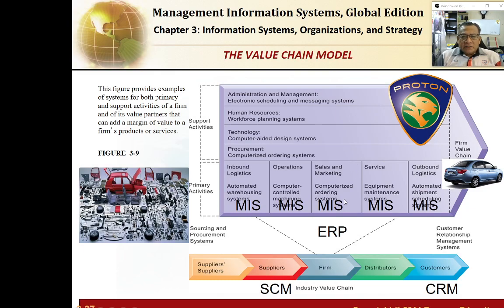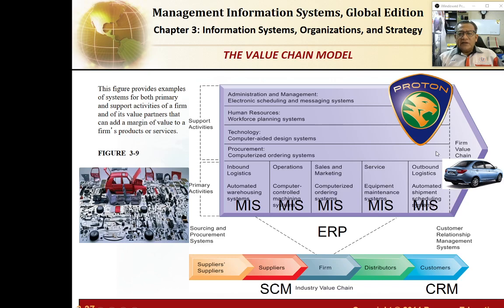Let's take a look at the value chain model by Proton. This is the Proton car, model Saga, one of their best-selling models nowadays that customers like to buy. This is Proton's end product, which is the car itself.